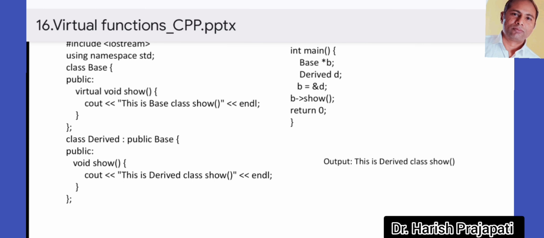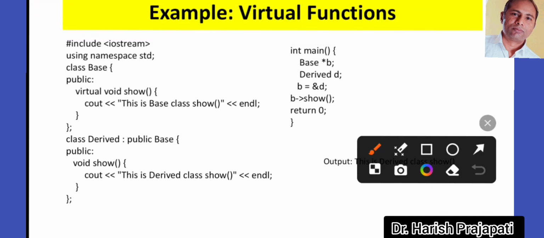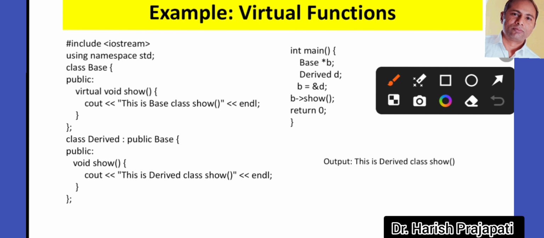Now let us take an example of a virtual function. Initially we write the header file, then using namespace std, then we make a class. In that class, for example, we make a function show, and we declare this show function as virtual.